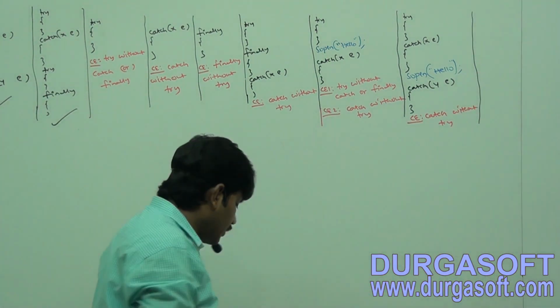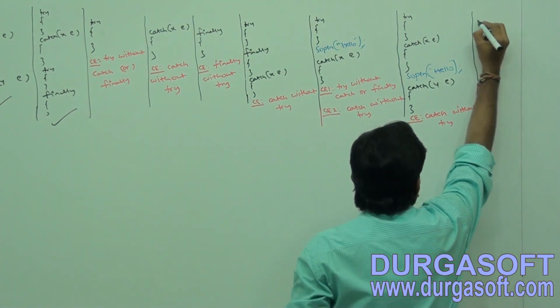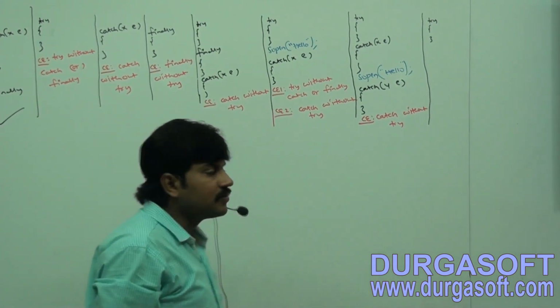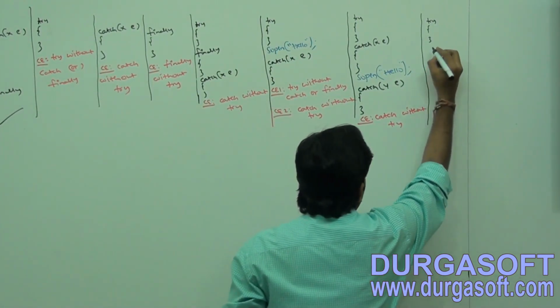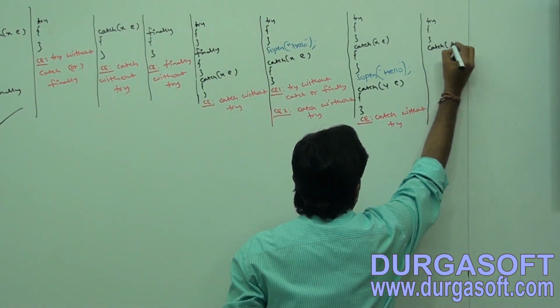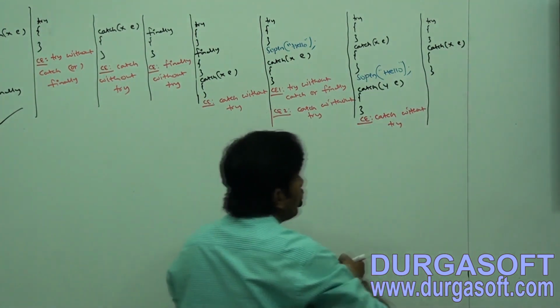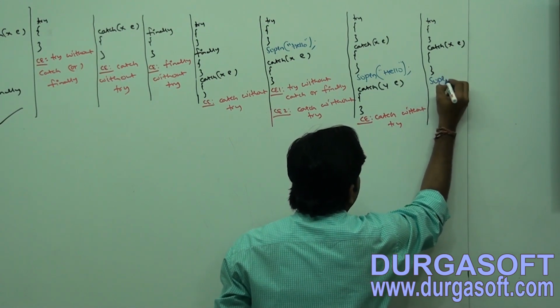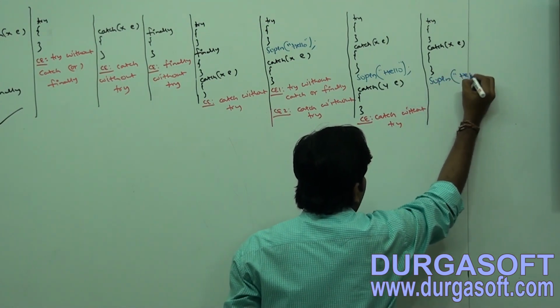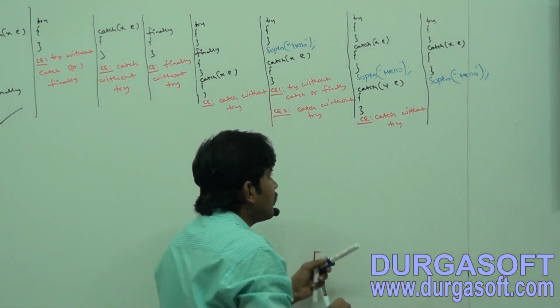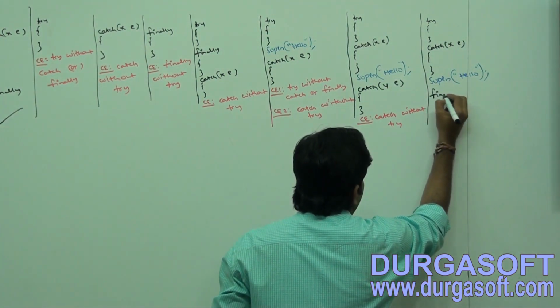Okay, next one. Listen. Here I am taking try block. Now here catch I am taking, catch exception E, and then SOP of hello, and after that finally block I am taking.